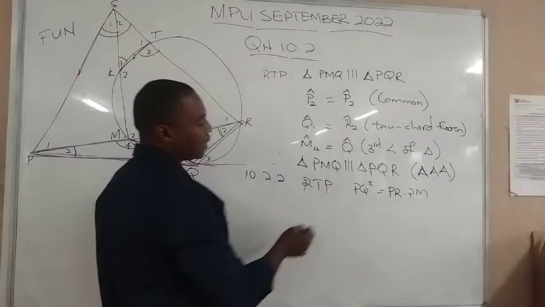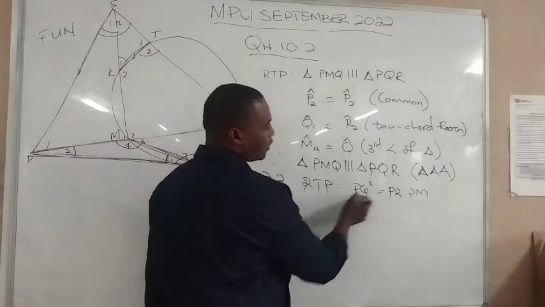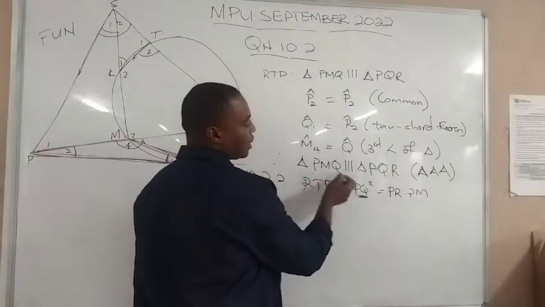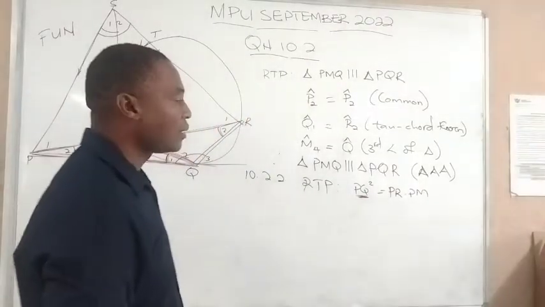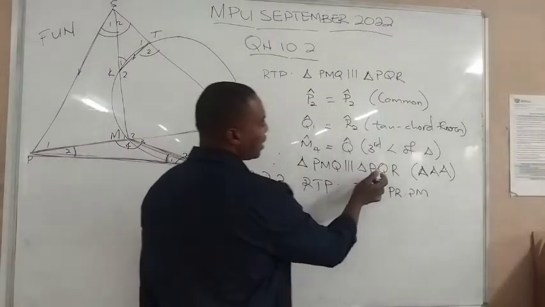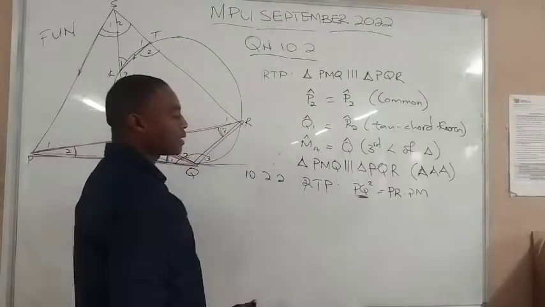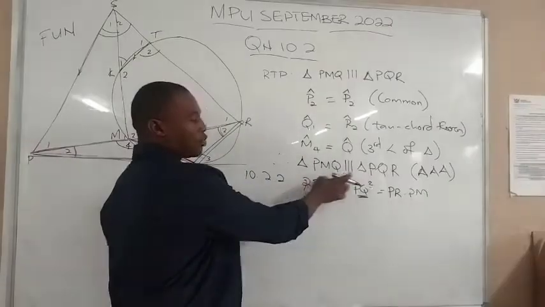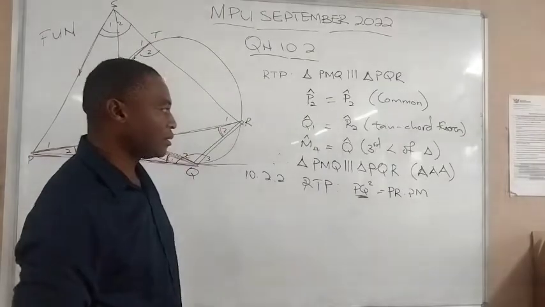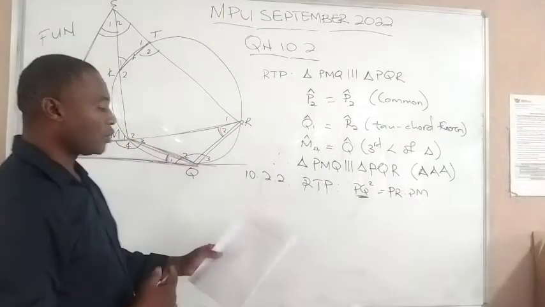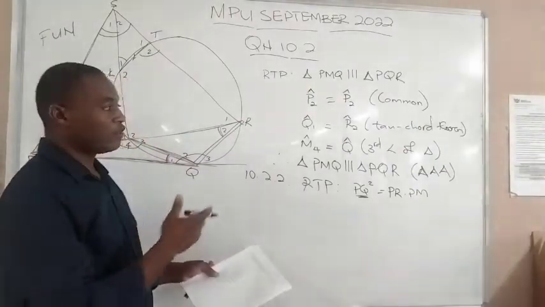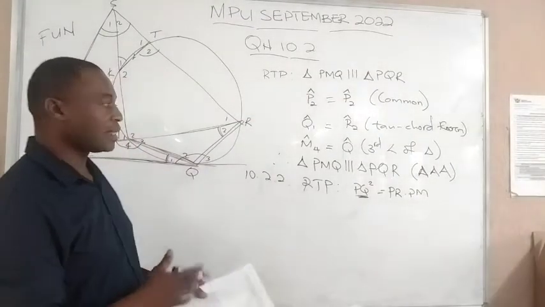So you can see that for you to have PQ squared, the line PQ must be in both triangles. So we can see PQ is there, PQ is there. So basically, we have to try this first before we think so much. Well, because the examiner usually asks the questions following a certain path.